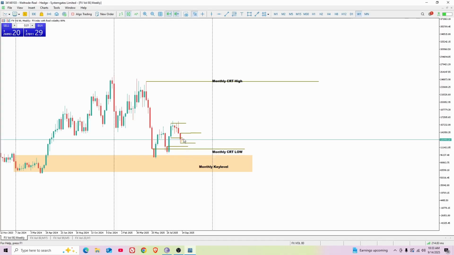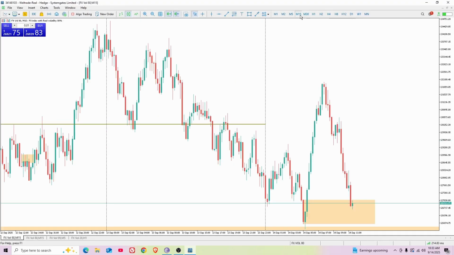But at the moment, we have the 15 minutes to contend with, so we can see what the market does. So at the moment, we're having this area of interest, CRT low.